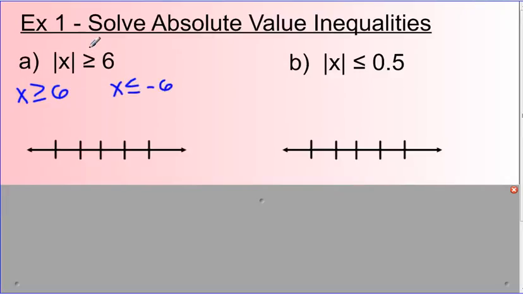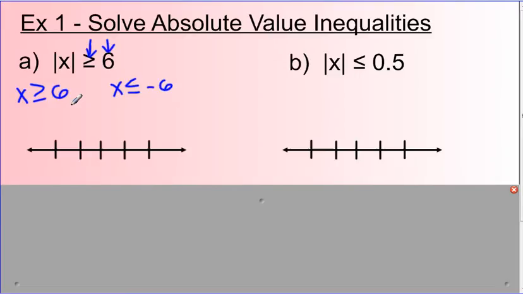You switch the inequality and you switch the sign. We're used to switching the sign. In the last lesson, we had this stuff equal to a positive 6 and a negative 6. That stays the same. But we also have to switch the direction of the inequality. So nothing terribly new.